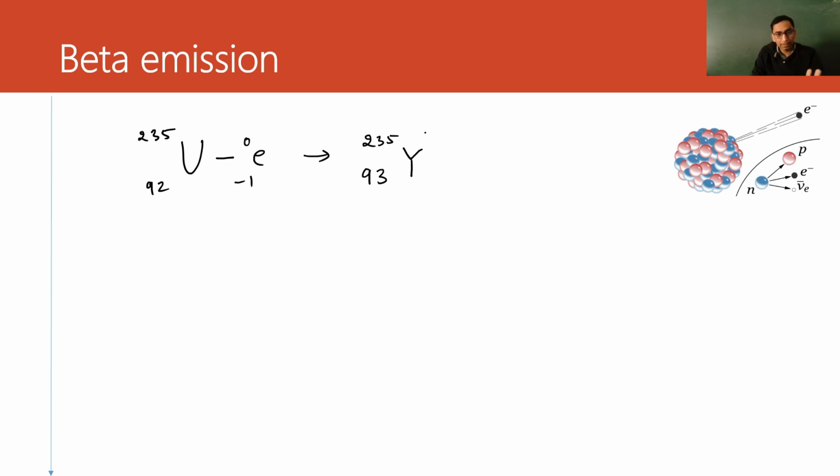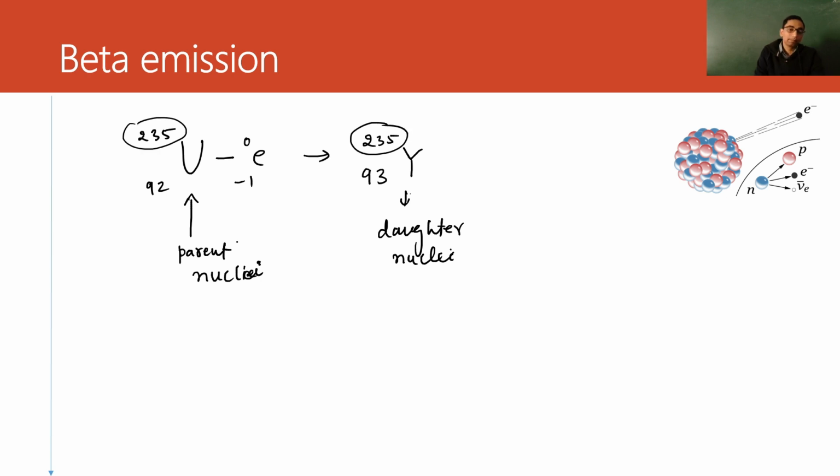Whatever the element may be, simply write it as Y. You can observe one more thing: this was the parent nucleus, and this is the daughter nucleus. You can see very well that the mass numbers are the same, so these two are isobars. Whenever there is a release of a beta minus particle, isobars are produced, right?